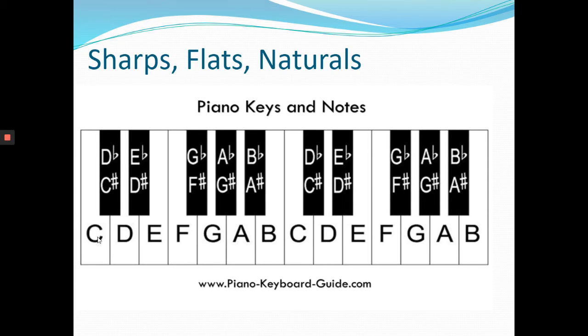So, C, you go up a half step to the black key, C sharp. Go from D, a half step, you go to D sharp, okay? Now, if you're going the opposite way, you're going back, B, A, G, F, E, D, C, B becomes B flat, A becomes A flat, G becomes G flat.